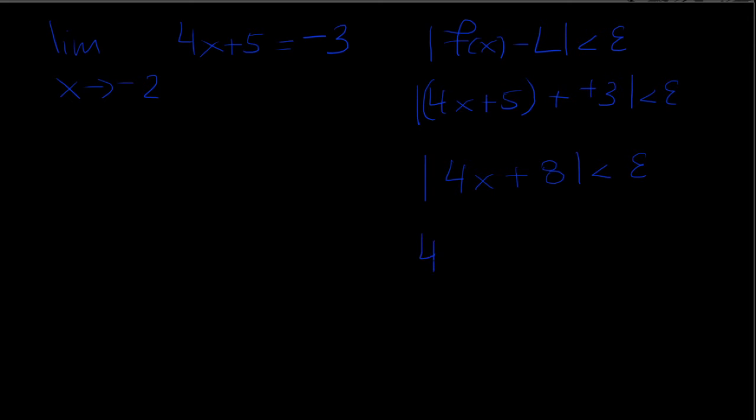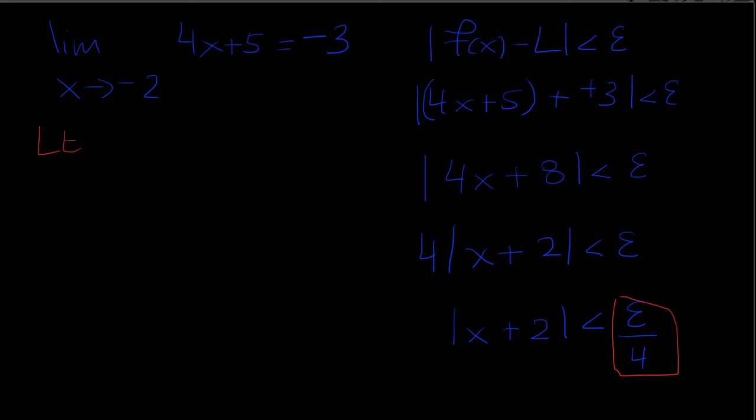So I can have 4 times absolute value x plus 2 less than epsilon. And that will be absolute value of x plus 2 less than epsilon over 4. So we just divide both sides by 4. And now we have our delta. Right? So delta is going to be epsilon over 4. So we're going to let delta equal epsilon over 4.